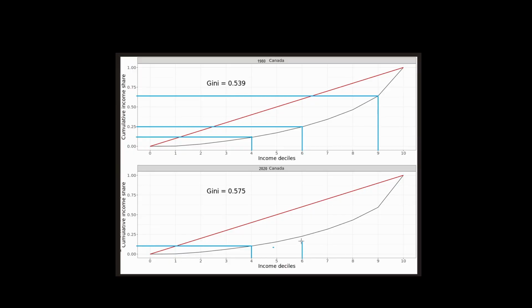Go up. What about the 60th percentile? The bottom 6 out of 10 income earners are now earning less than 25% of total income. Okay, so the poorest and the middle class are clearly worse off today, earning less of the income than they were 40 years ago.